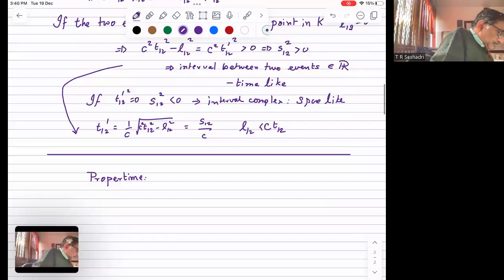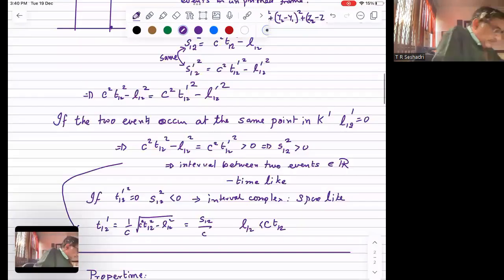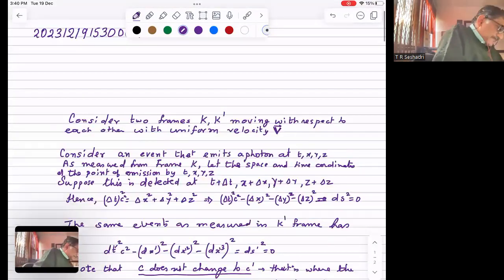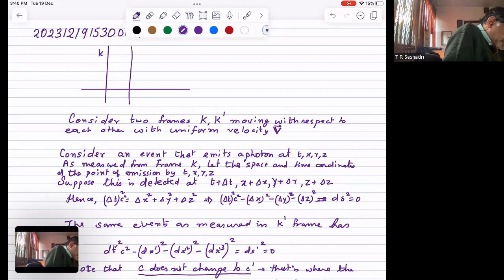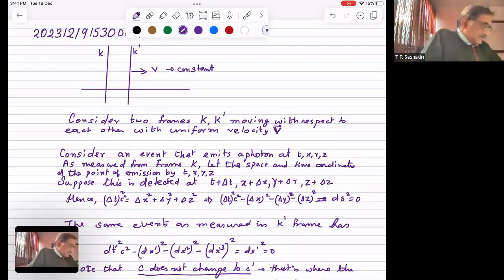Okay. So what we start with is the following. Now I have considered two frames, K frame and another frame, K prime, which is moving with respect to K with a velocity which is constant. Which is important, that it is a constant.